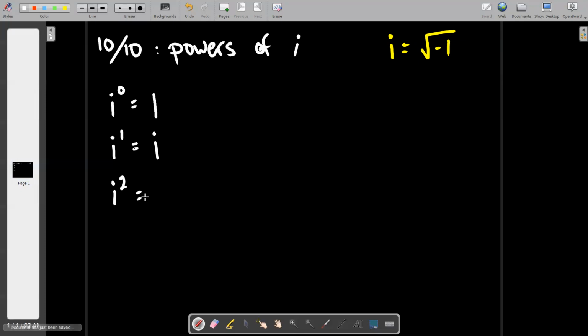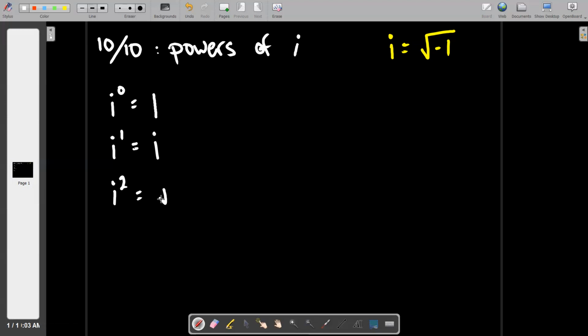What's i squared? Which is what? Let's head over here and take a look at the square root of -1, because after all, that's what i is, right? i is the square root of -1.